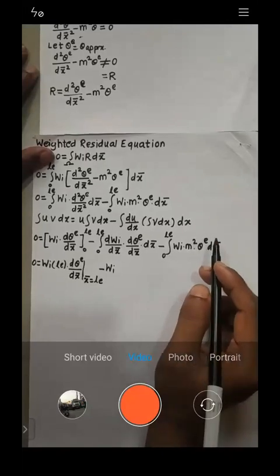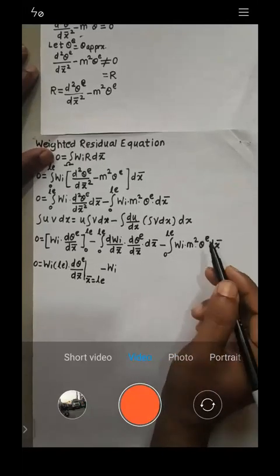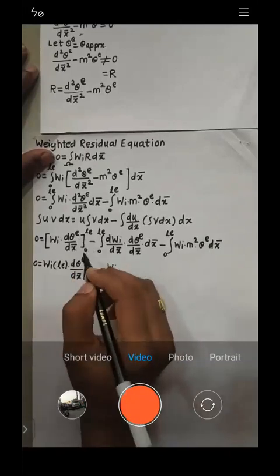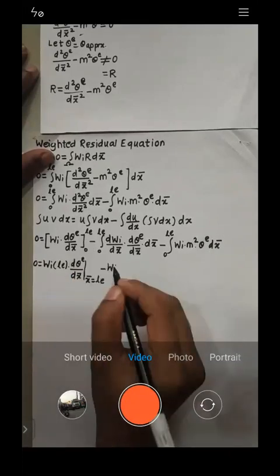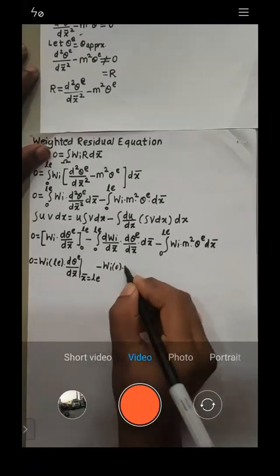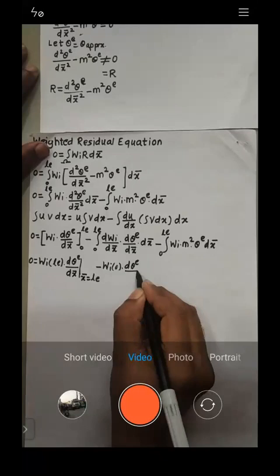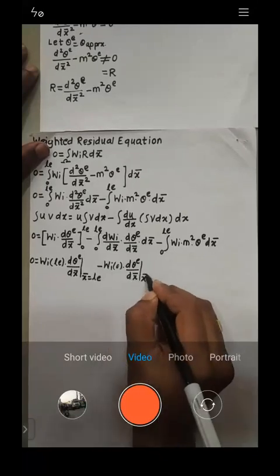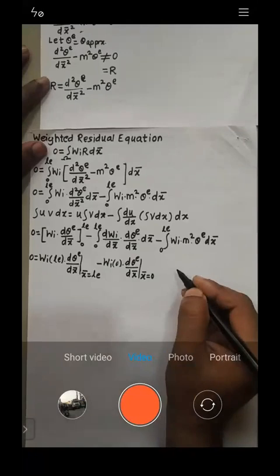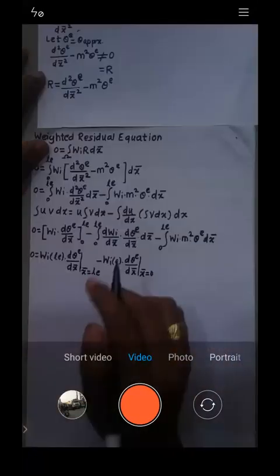Okay. So now I will put the lower limit, weight function at 0, right? Weight function at 0, that is w at 0 into d theta e by dx bar at x bar is equal to 0. Is it okay? At x bar is equal to 0. Okay, and next these two terms I'm going to write down as it is.